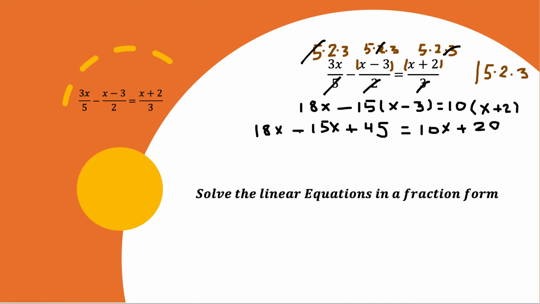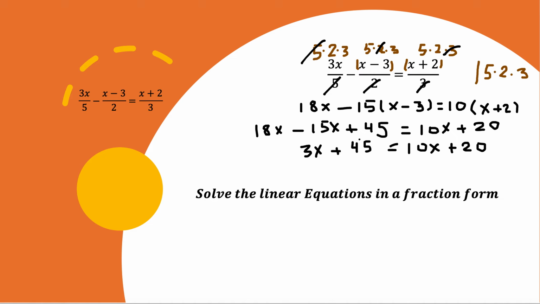And now we can simplify a little bit. 18x minus 15x is 3x. Here's a 3x here. I didn't do any work on the other terms in this step, because the rest remains the same. But what I'm going to do now is simplify further. This is 20.